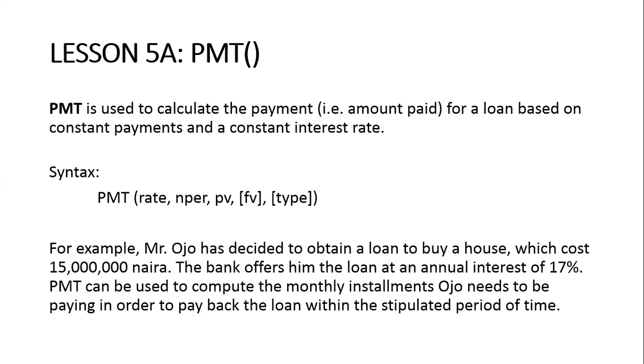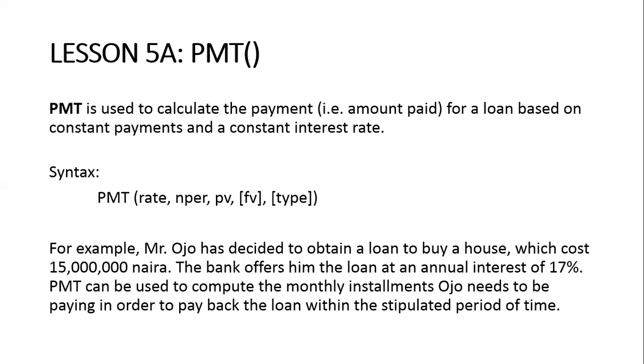So let's say somebody takes a loan. The rate is given, the number of periods is given, the PV is given, the value of the loan is given.